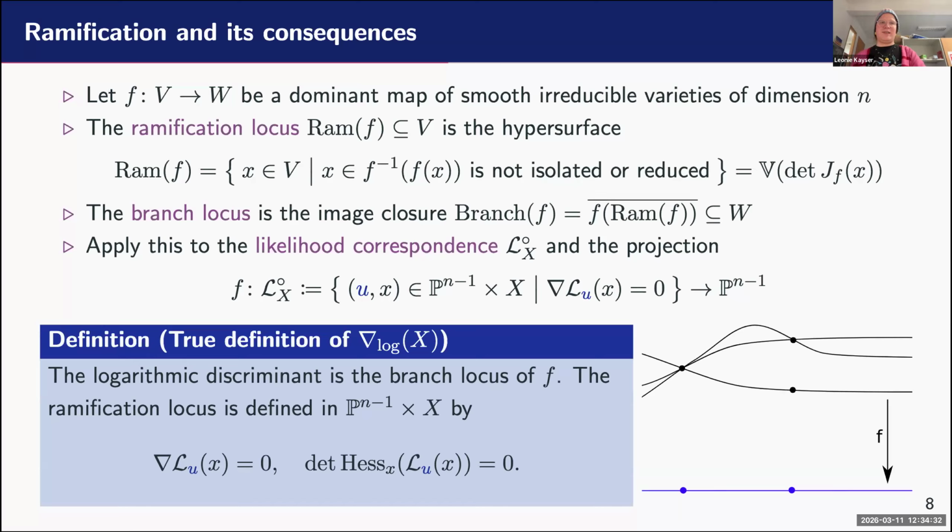The likelihood correspondence already has the gradient equations, so the determinant of this gives you the Hessian matrix, or rather the determinant of the Hessian matrix, and this defines the ramification locus.